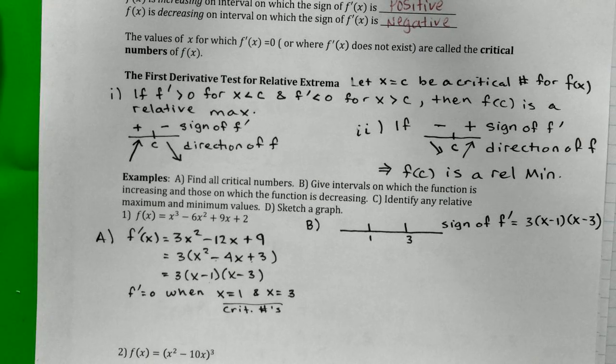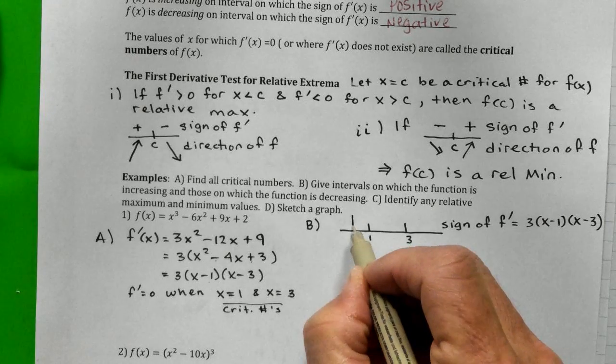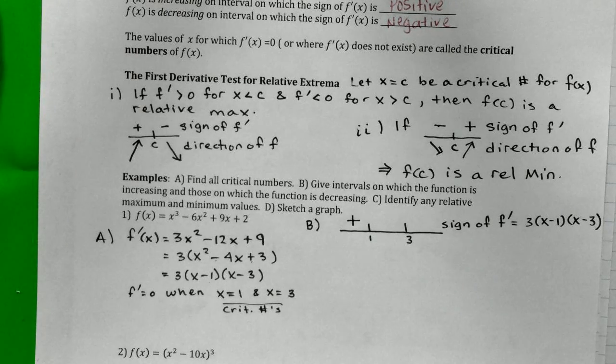For example, in the first interval, a number smaller than 1 would be 0. When I put 0 in for x in each factor, both factors are negative. A negative times a negative is positive. So in this interval, the derivative is going to be positive. I'm going to use 2 as my test point in the next interval. 2 minus 1 is positive, but 2 minus 3 is negative.